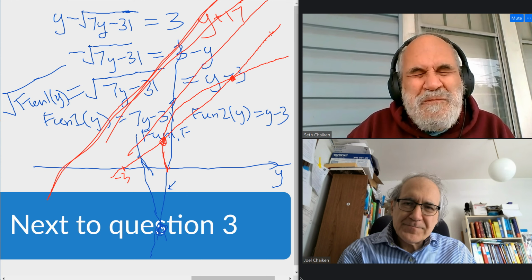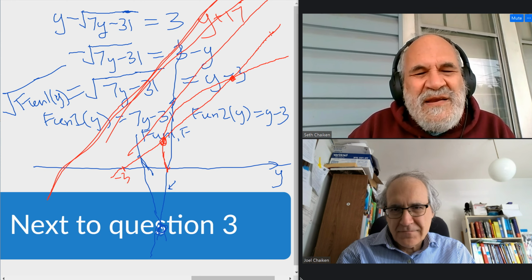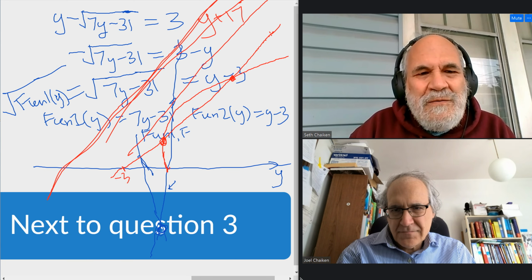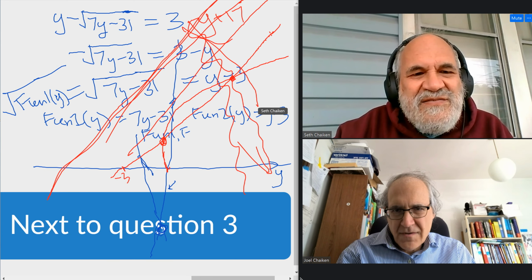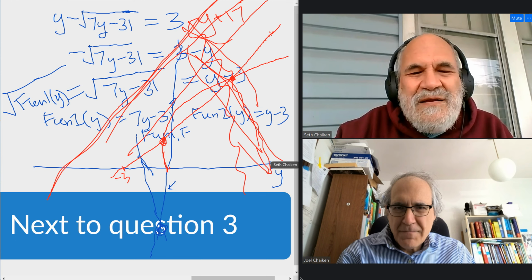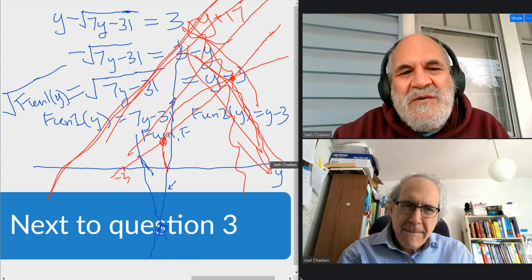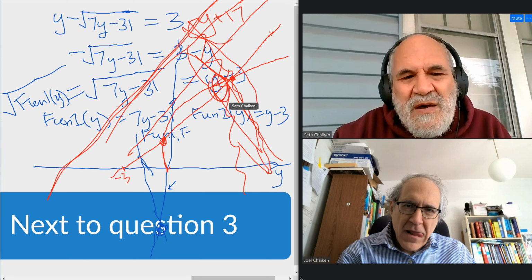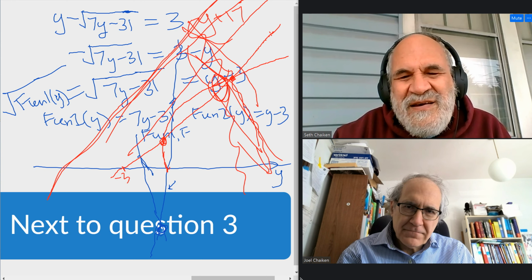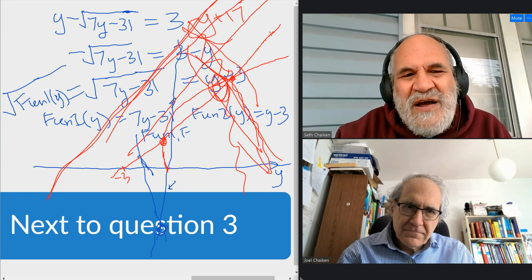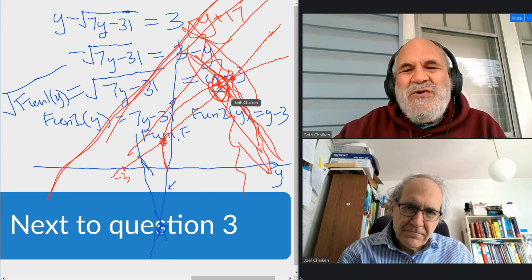And finally, what if the line cut down like this? Then you'd have one solution. It would hit the parabola somewhere here, but there's no bottom half because we're only taking positive square roots. So if the line were going down with a slope and hit it only here, there'd be only one solution.